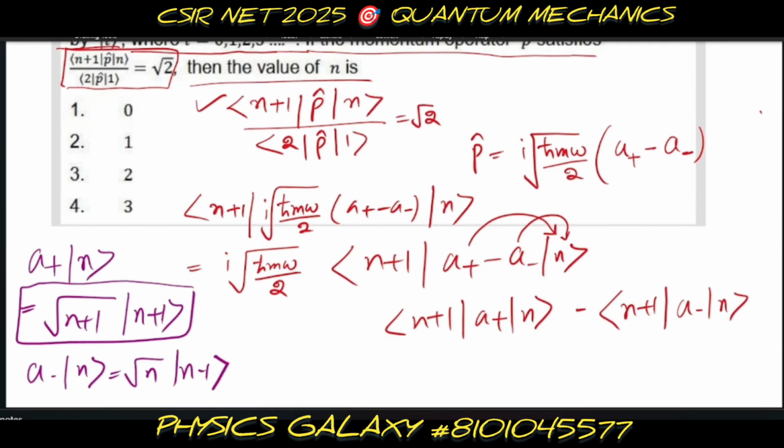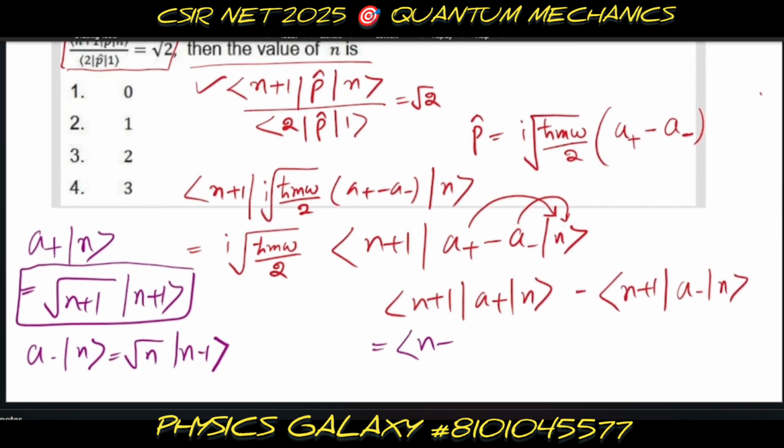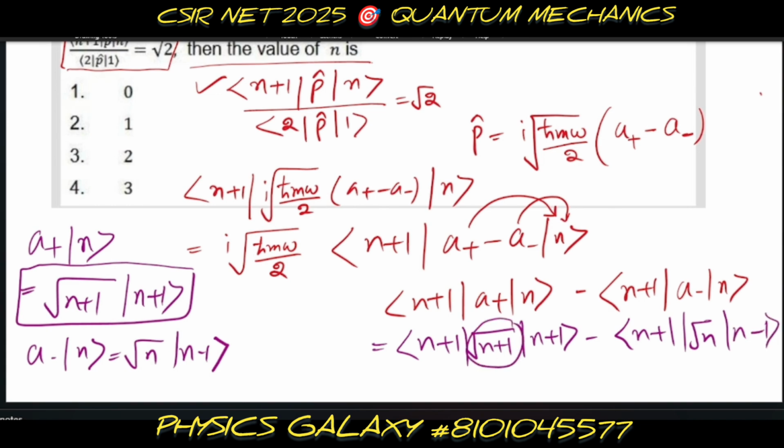So here we'll have root n plus 1 <n+1|n+1> minus root n <n+1|n-1>. Okay, now root of n plus 1 is a constant, and then we have <n+1|n+1>, so that will be equal to 1 simply.